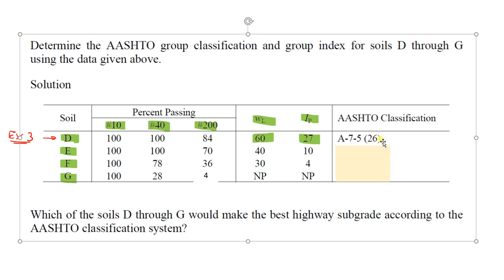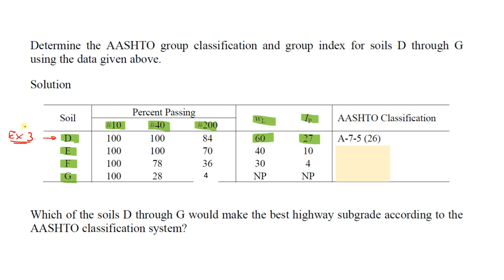Let us now do this next case, which is soil number 2. So I will do this as an example number 4. Okay, so remember the values. This is 100, 100, 70, 40 and 10.